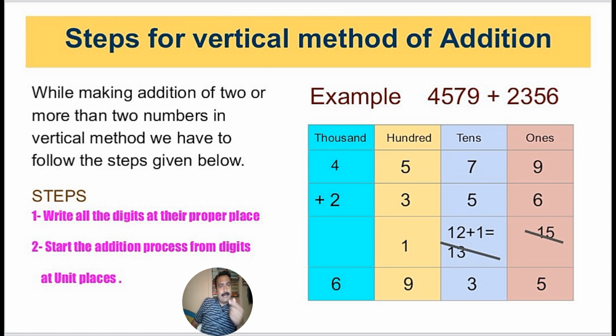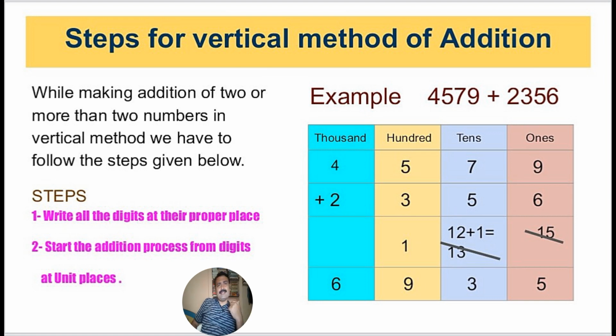The example of addition is always given in the horizontal method, and when we calculate the answer of addition of two numbers, we have to make their vertical arrangement. So with this vertical method, now we are going to explain the steps.